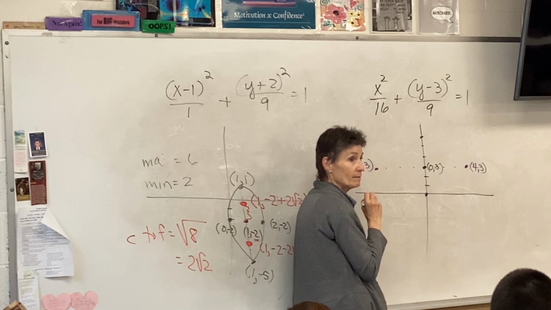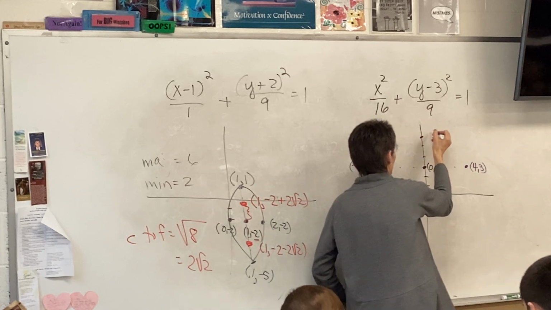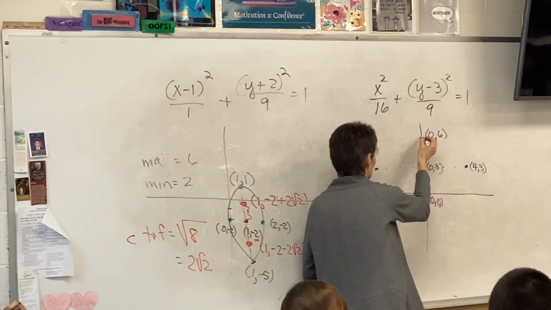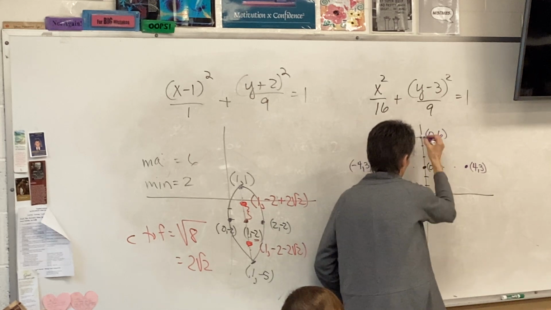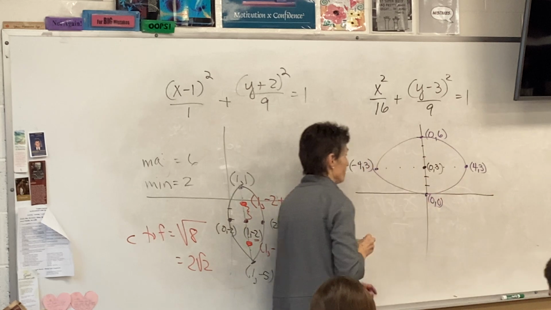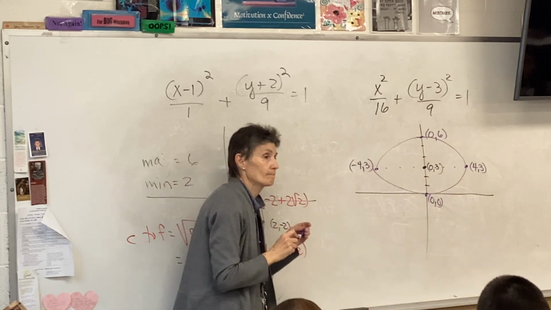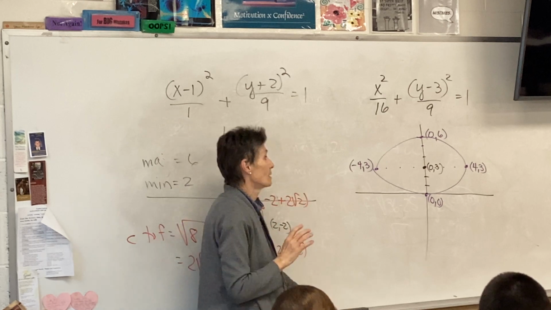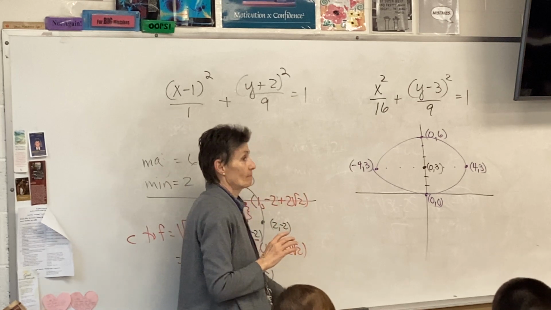Everybody still with me? So those are 0, 6 and 0, 0. So the purple points are my vertices.